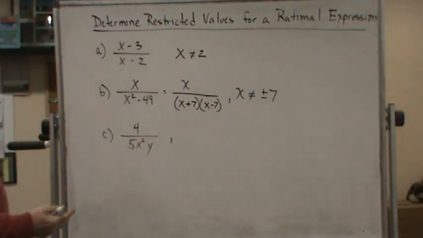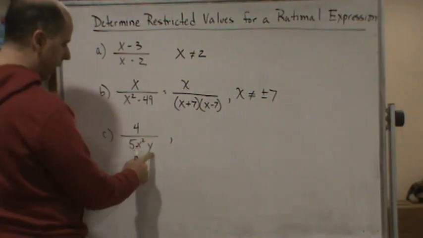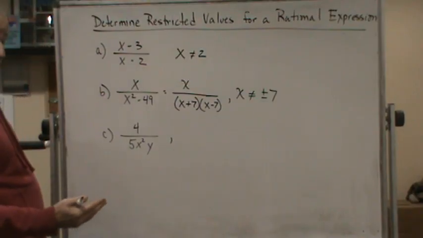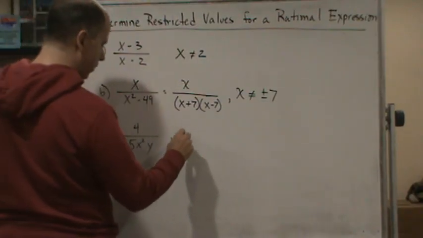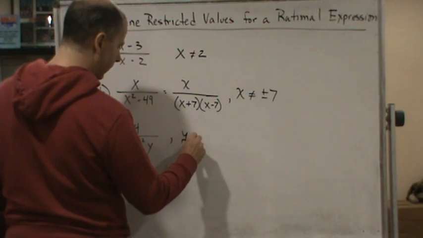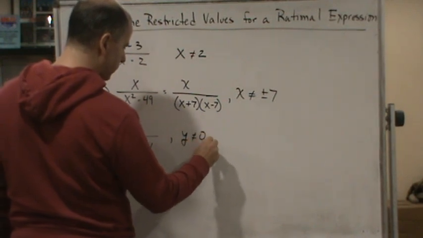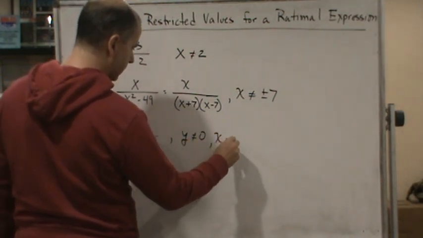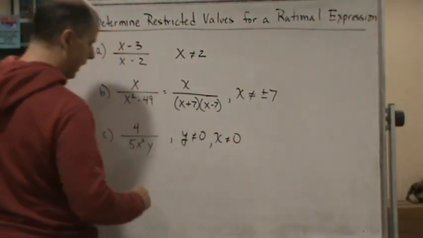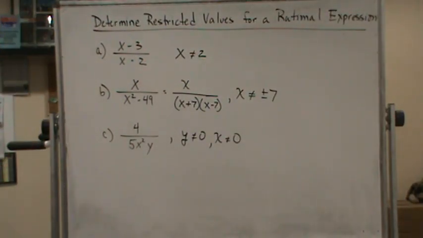That means if either x or y are 0 or both, then we have a restricted value. So in this case, y cannot equal 0 and x cannot equal 0. And so those are the restricted values. So that is how you determine restricted values when it comes to rational expressions.